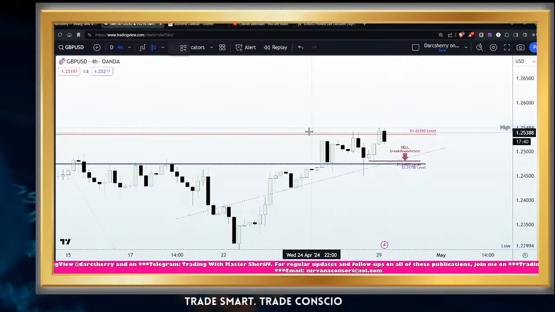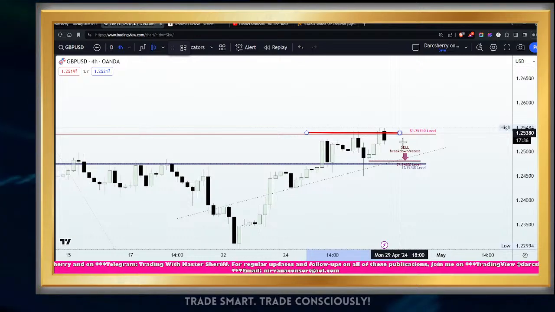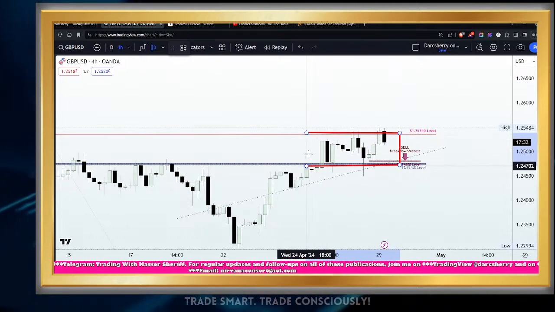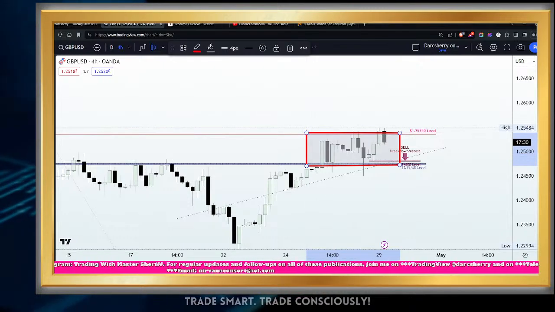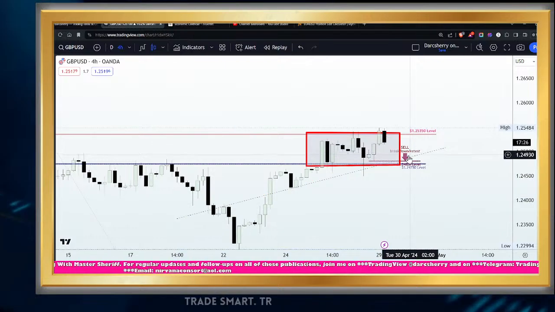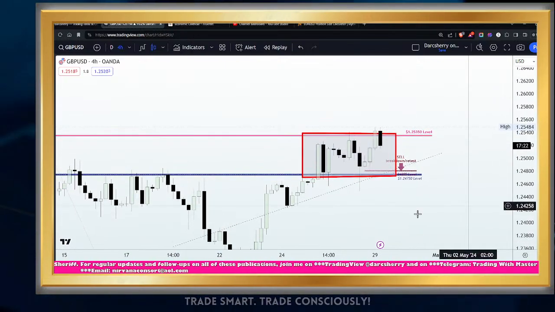So price has been confined within that key level at the 1.25350 and the 1.24750, while still sitting above this ascending trend line we have here. Now, you know how we use our key levels, our range bound structure in this community.